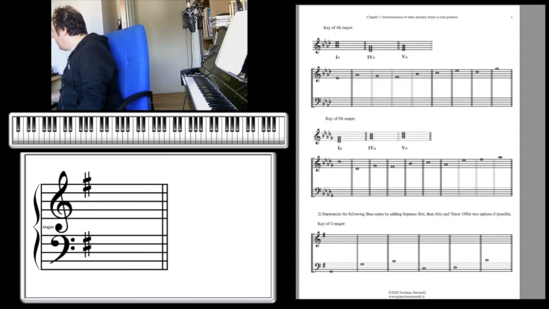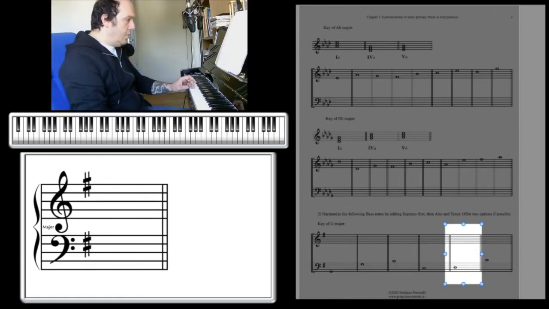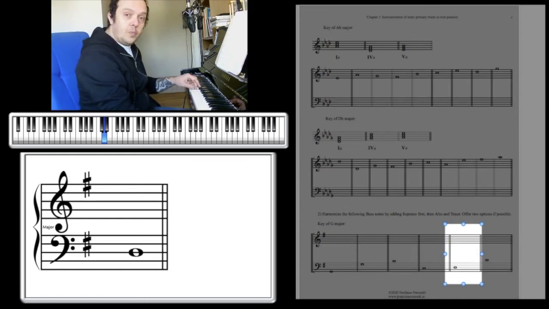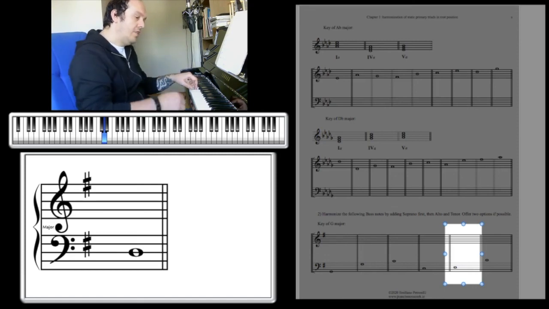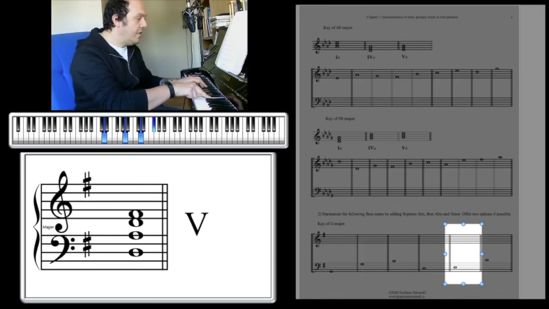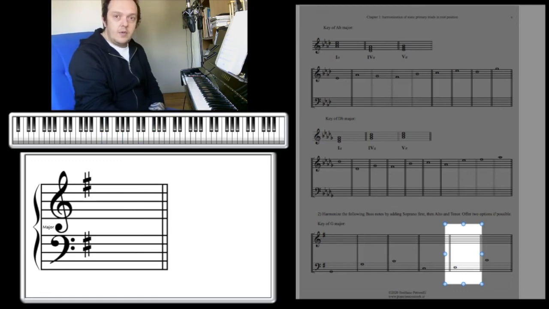So it's a low D. Because it's root position chords, that can only be chord 5 in G major. So chord 5 is a D major chord. Let's give it a soprano, an alto, doubling the root, and a fifth in the tenor. That's how you use the handout. I hope that helps.